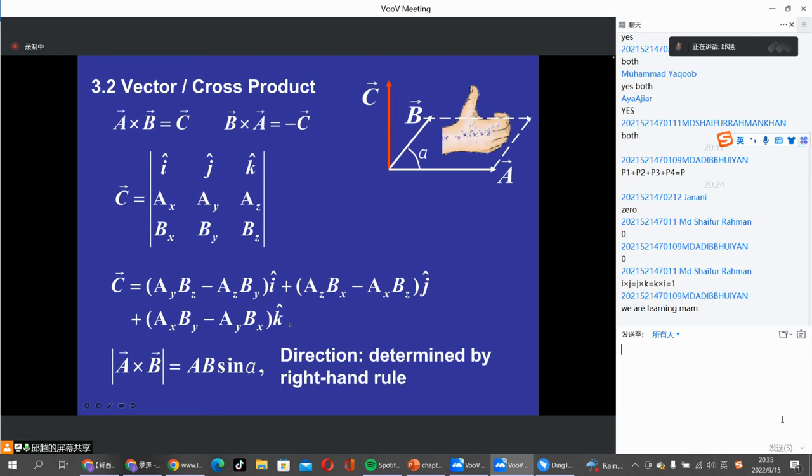And then your fingers squeeze to the direction of the second vector. And then the direction of your thumb is the direction of the cross product.